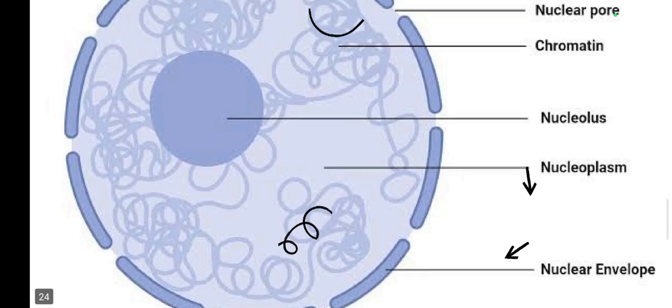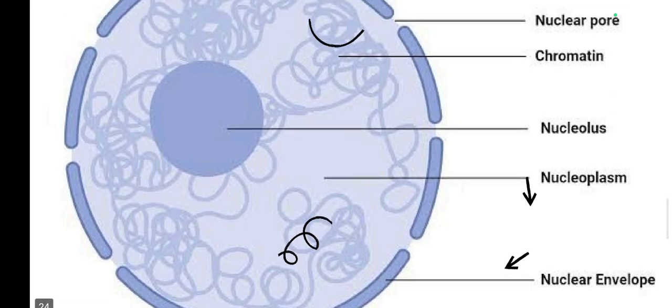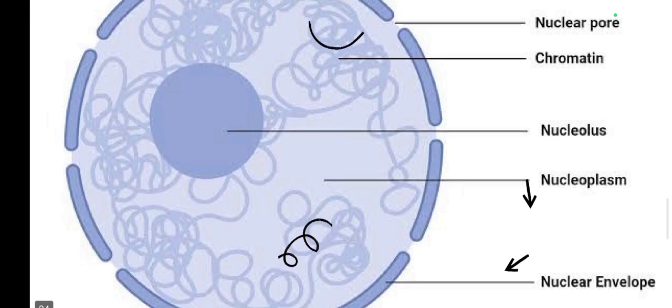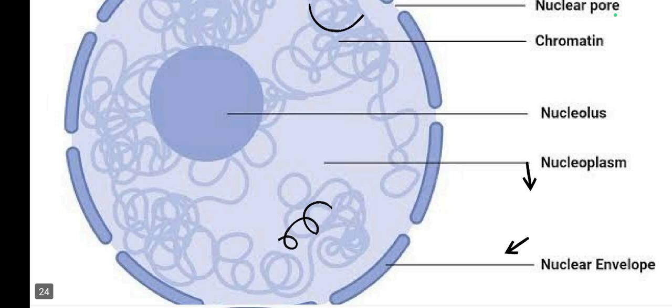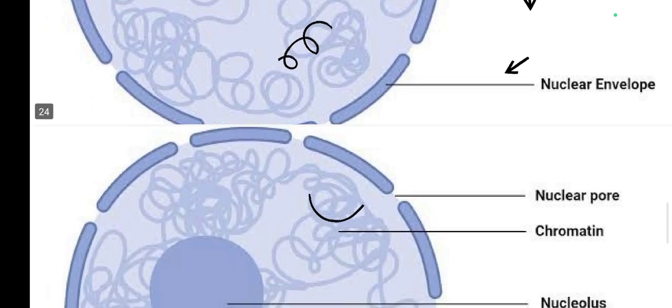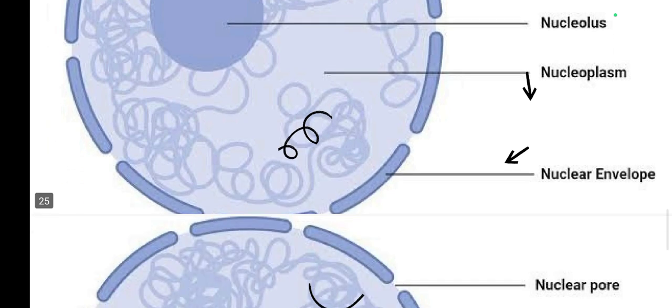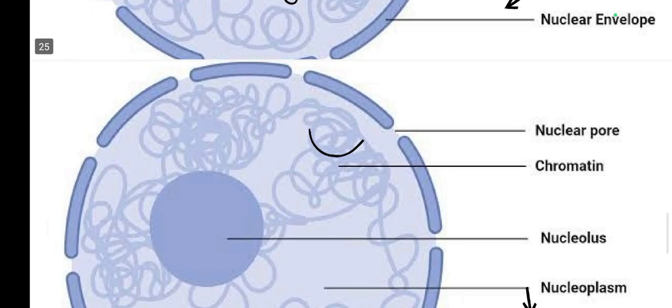That means protein synthesis takes place from transcription and is then translated to protein molecules. The nucleolus in the center is also where the ribosomal RNA, that is rRNA genes, are transcribed, through which protein synthesis takes place.